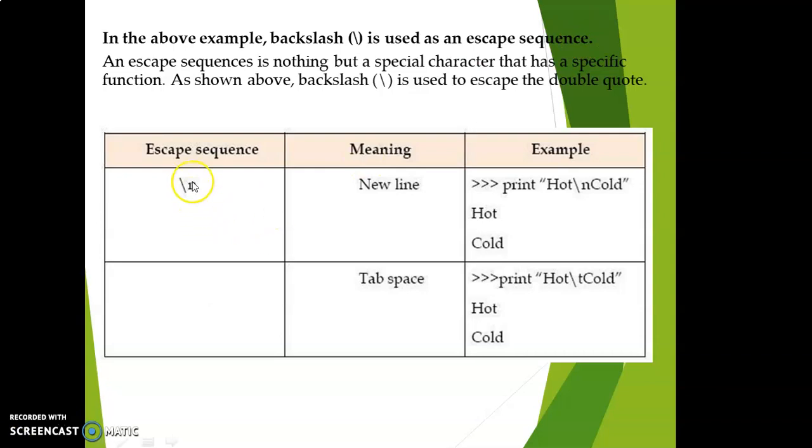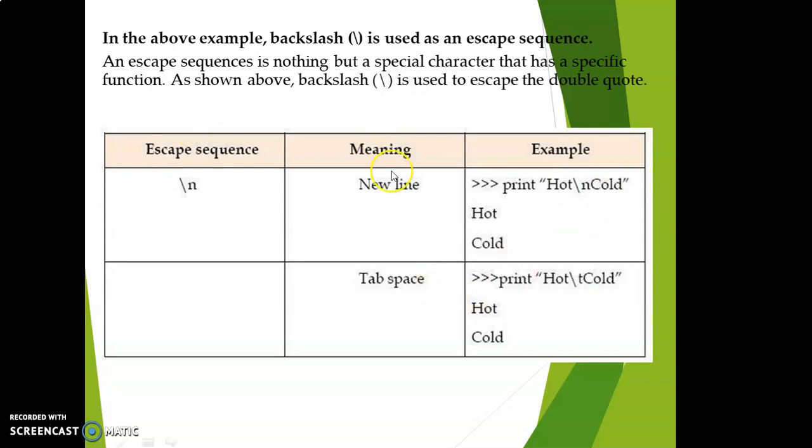I have written here slash n, and this means a new line. Print in a double quotation, I have written hot slash n cold. So what will it do? Hot will be in the first line and cold will be in the next line. After slash n, whatever you are writing will be forced to the next line.